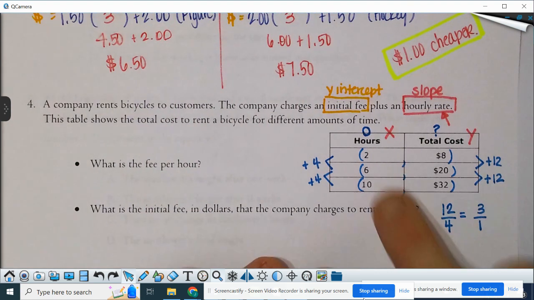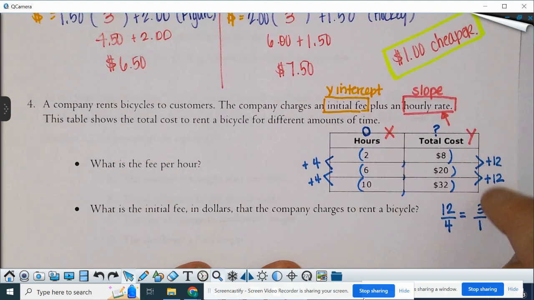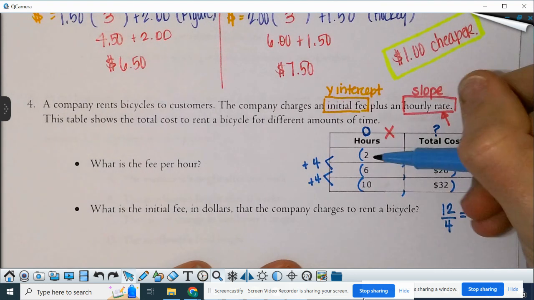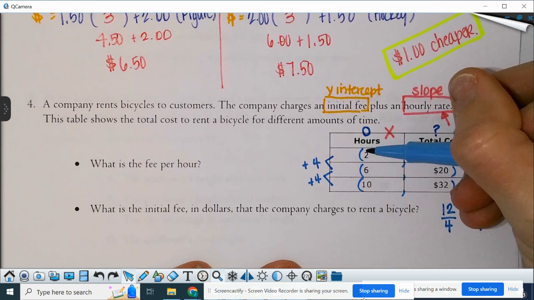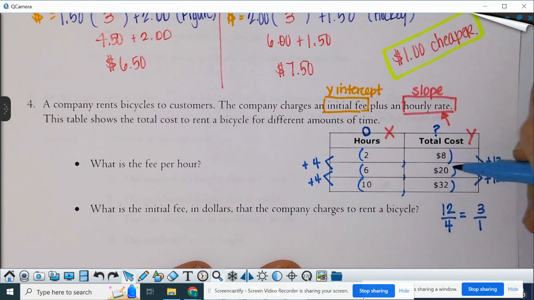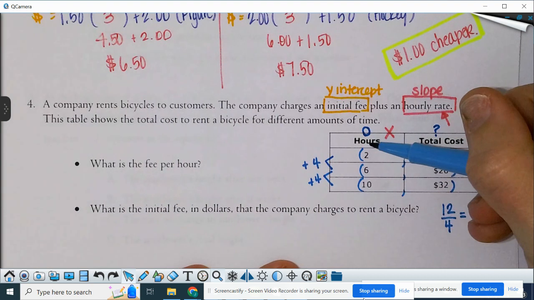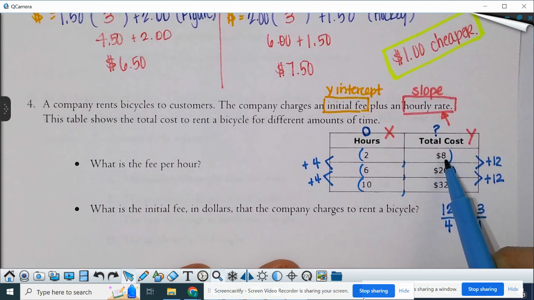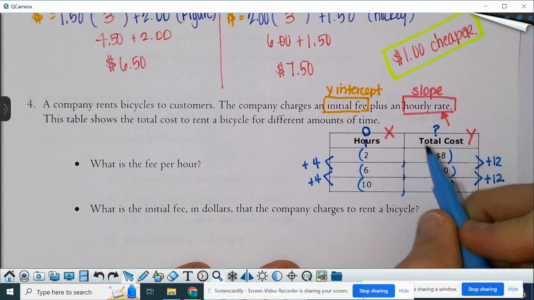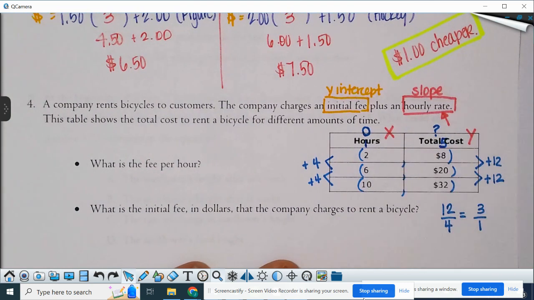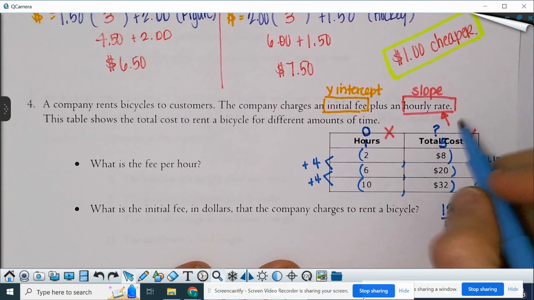So if I go from 2 back to 1, I'm going to subtract 3 because I'm going backwards. 3 hours would only cost me $11, but I want to work towards 0. So 1 hour would cost me $3 less than 8. So that's going to be 5. 0 hours, we're going to go back a little bit further. So subtract 3 more is going to be 2.